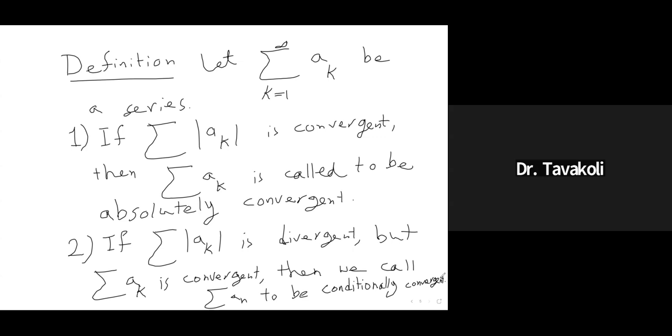But if sigma of absolute value is divergent, but the series itself is convergent, then we call the series conditionally convergent. So we should be careful about this definition. Let me give an example.